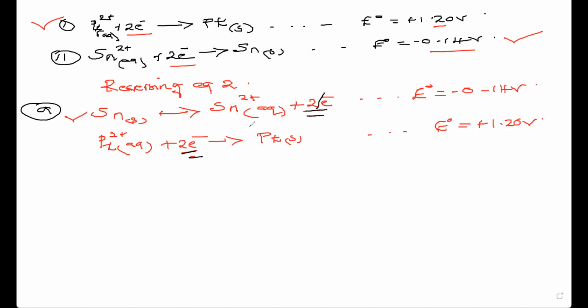You can cancel them out and add the two half reactions, which means the reactants will be added on one side and the products on the other.